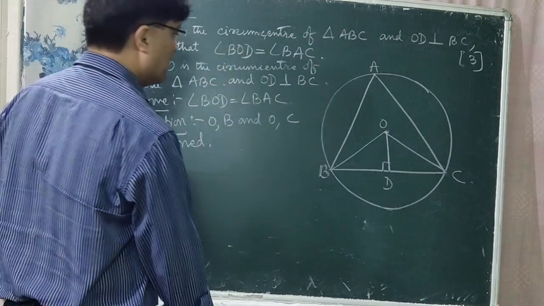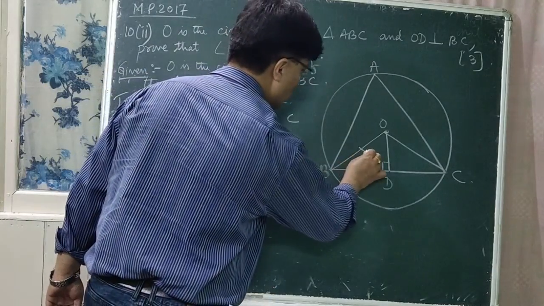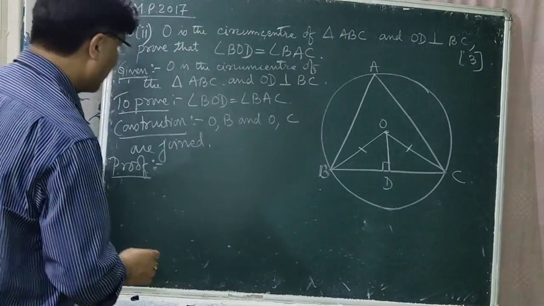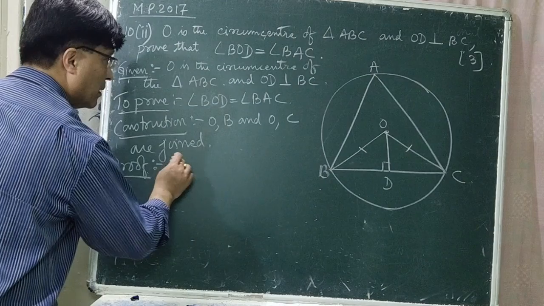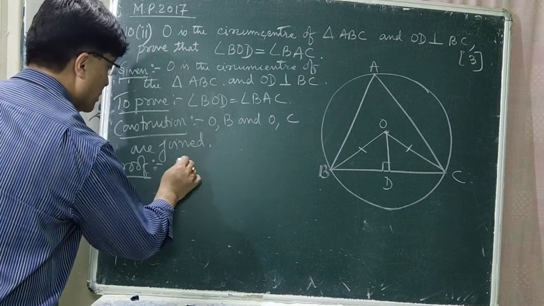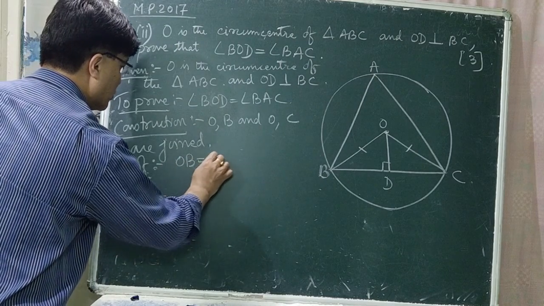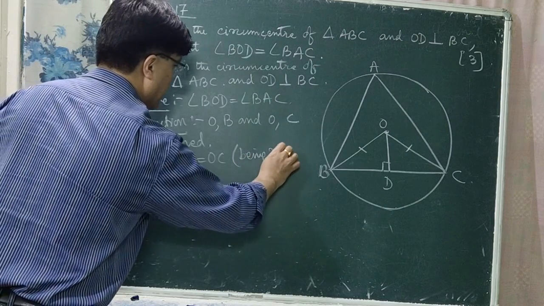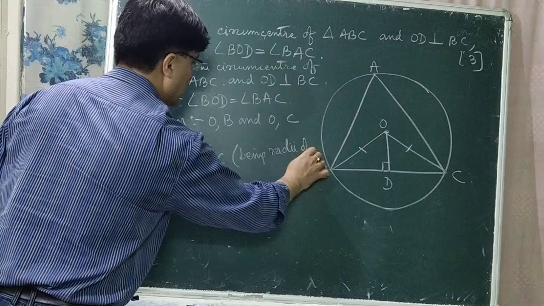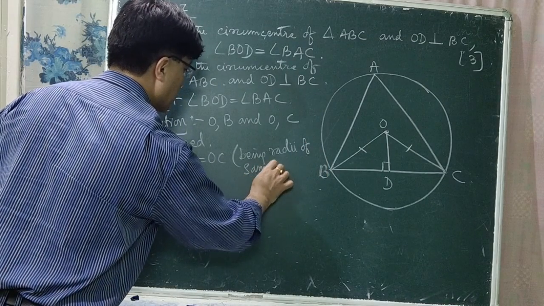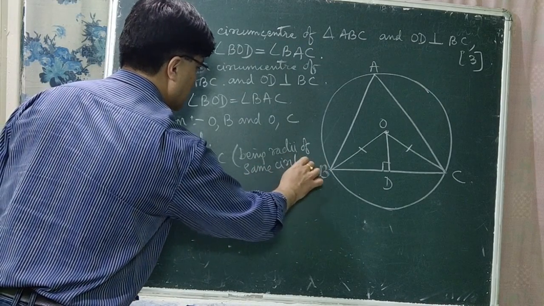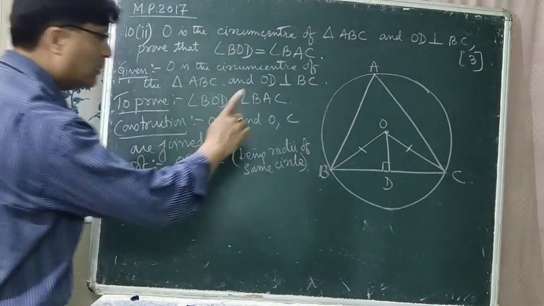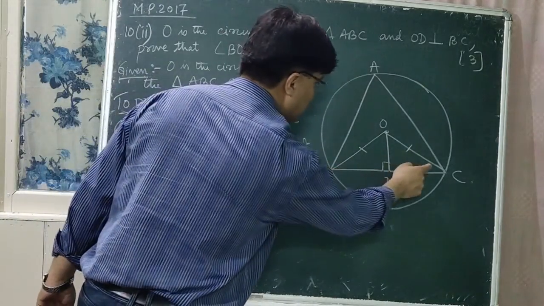Now from the figure, it is clear that this OB is equal to OC. So proof: OB is equal to OC, being radii of same circle. So these are equal, right? If these two are equal, these angles must be equal.